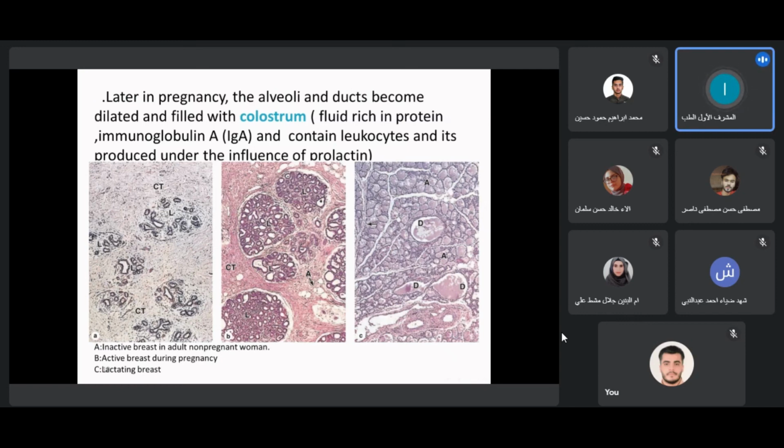Prolactin is secreted from the pituitary gland and it is responsible for the production of milk from the breast. You can see here the state of the lactating breast, which consists mainly of acini filled with much secretion, the milk. These are large dilated ducts, which also contain the milk.